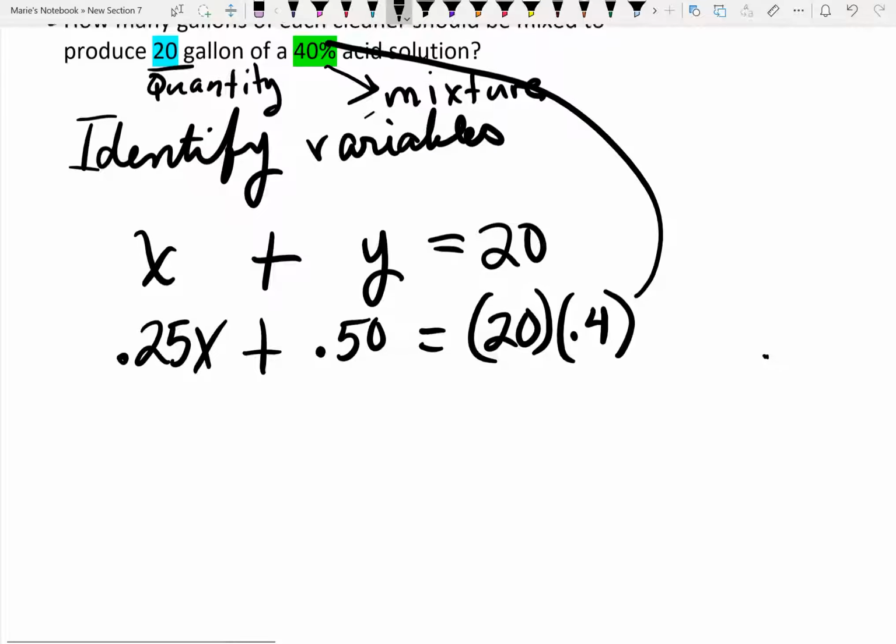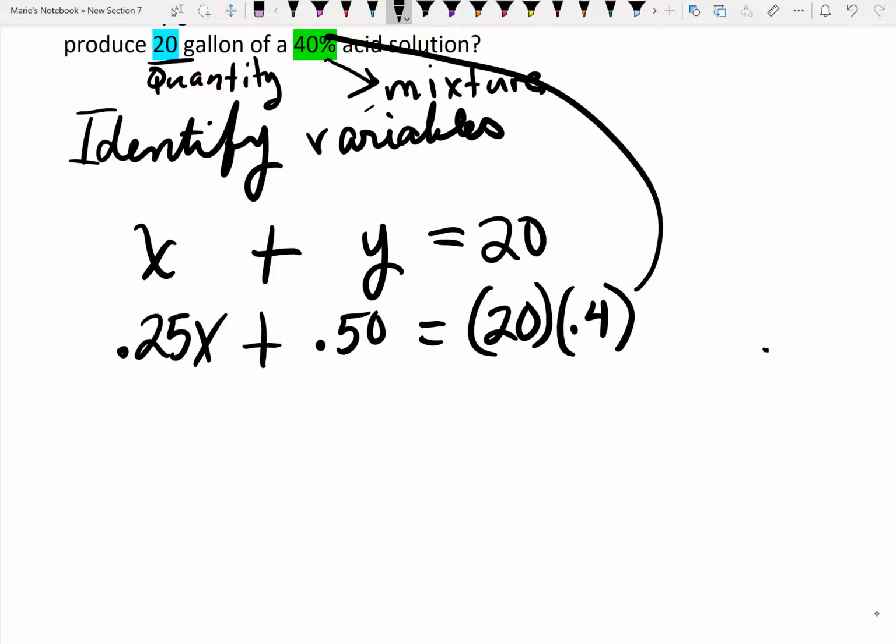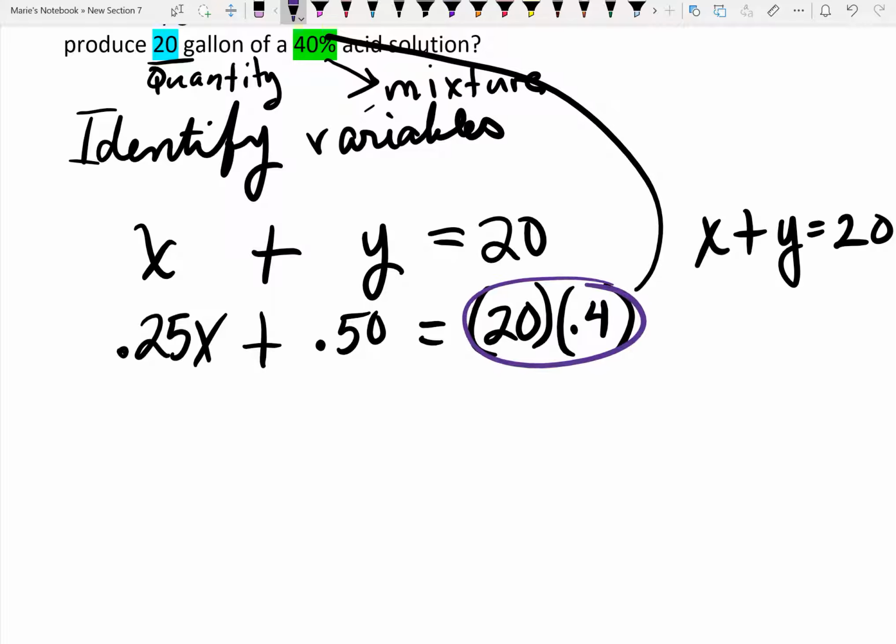When you do the math, x plus y is 20. And that helps us quite a bit at the end. We know that the product of this is 8. So this is originally 0.25x plus 0.5y.